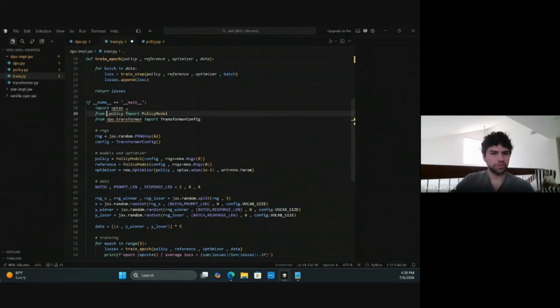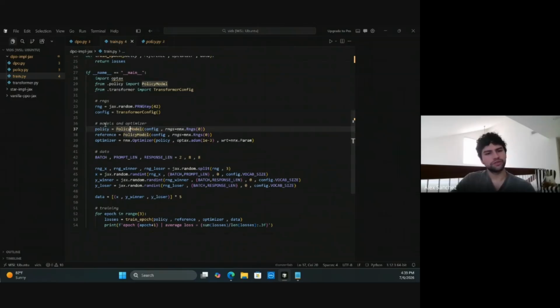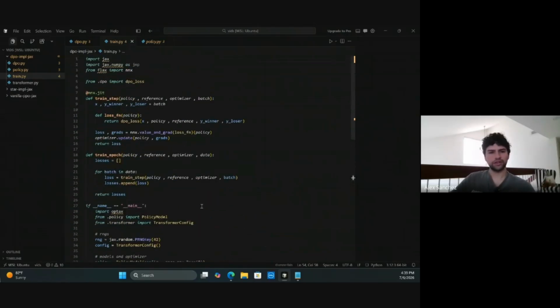This will just be for policy and for transformer. In this case, we don't have optax installed. Don't worry about it. Here we define our random number generator, our key, and our configuration. We define our models, just two models, and our optimizer. This is how you define them in nnx. That's how you would test this out.